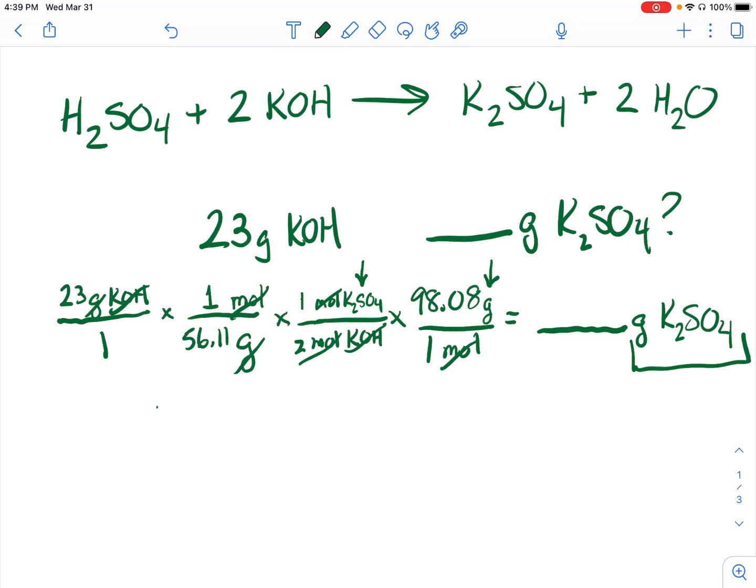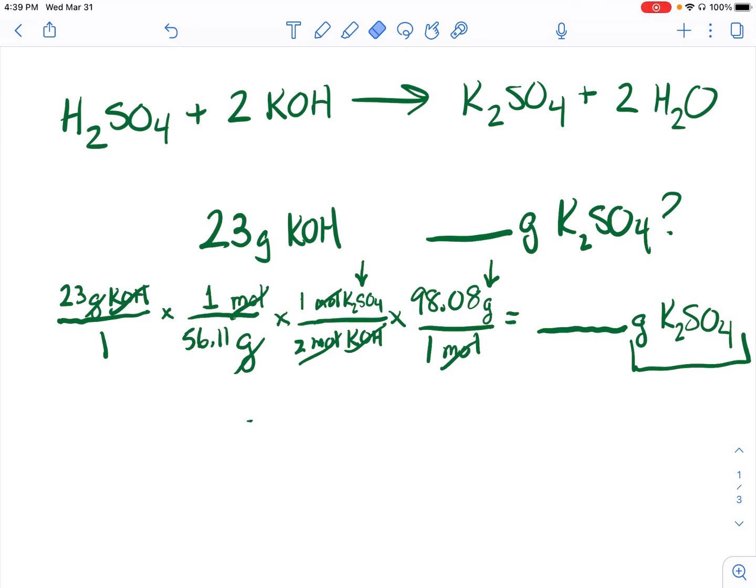And so just like my fraction like this, multiply everything across the top. 4 times 1 equals 4. 1 times 6 equals 6. I do the same thing here. Multiply everything across the top. 23 times 1 times 1 times 98.08.